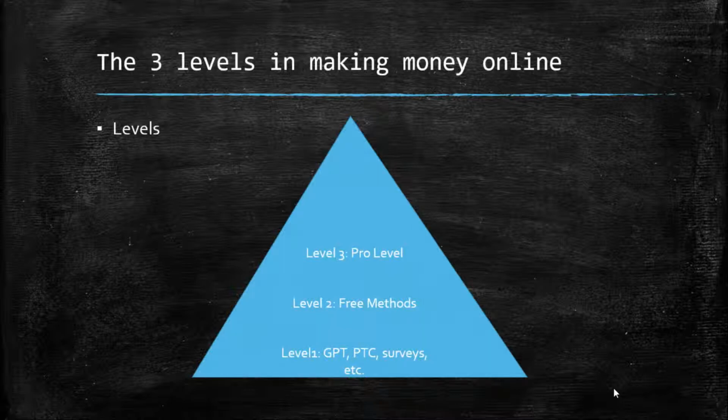The first level is GPT sites, PTC sites, surveys, stuff like that, where you click for earning money, or you do stuff like viewing websites for earning money. The second level is free methods, like the one I'm going to be talking about right now.